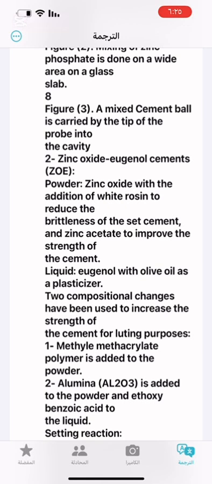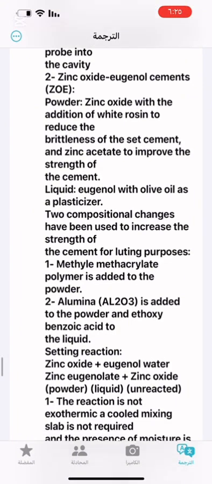Properties. 1. Neutral in pH, 7. Can be safely used in moderately deep cavities without danger to the pulp. 2. Has a sedative effect on the pulp so that we use it without any varnish or liner. 3. Radiopaque. 4.